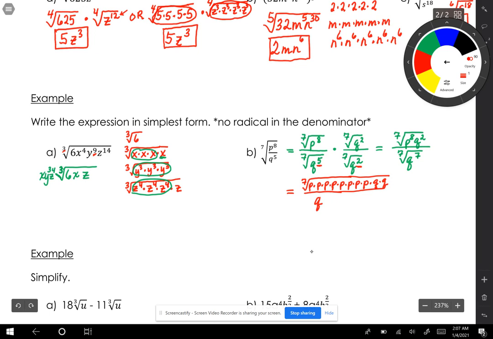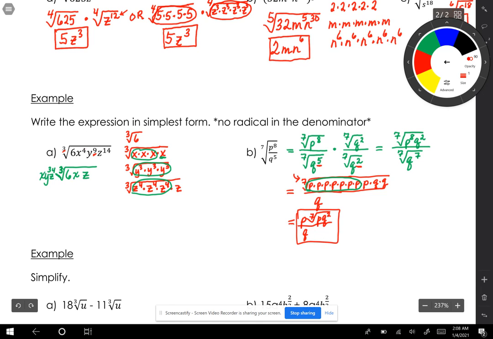And we can only pull out, remember, we want 7 of a kind. So the 7 of a kind is these. And you just want to take out one of them. So the one that you take out goes outside. Anything you can't take out goes inside. And you can't cancel the q's because one of the q's is outside. So that's your answer. Kind of hard.